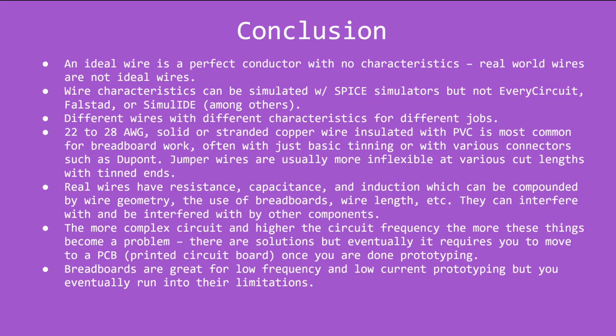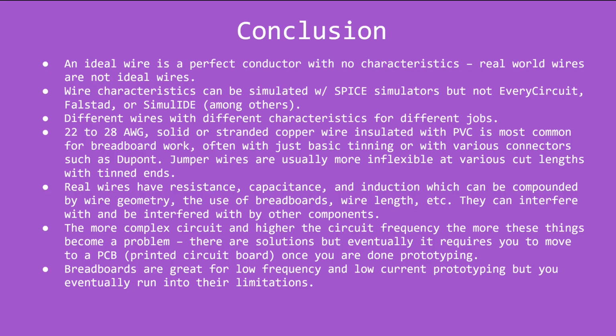Okay, we've done a lot of talking about wires, so let's wrap this up. An ideal wire is a perfect conductor with no characteristics, but that's not how real world wires work. They're not ideal wires. Wire characteristics can be simulated with SPICE, but generally not with the other simulators, although there is some support for a basic transmission line in Falstad.